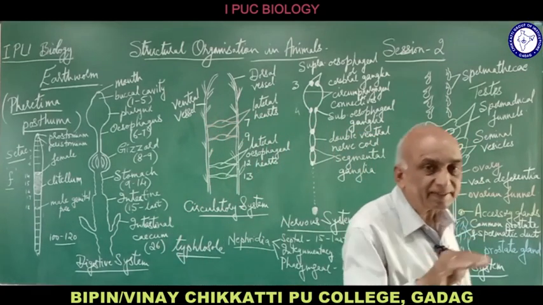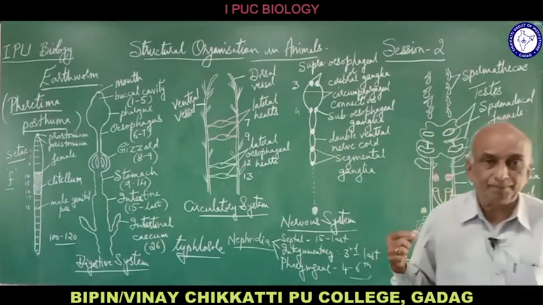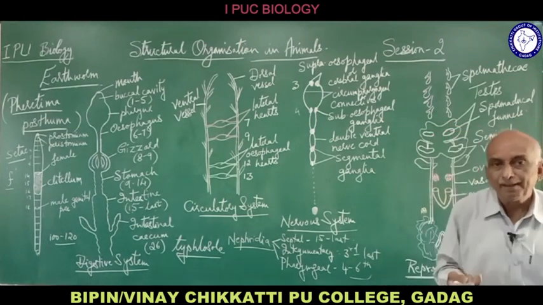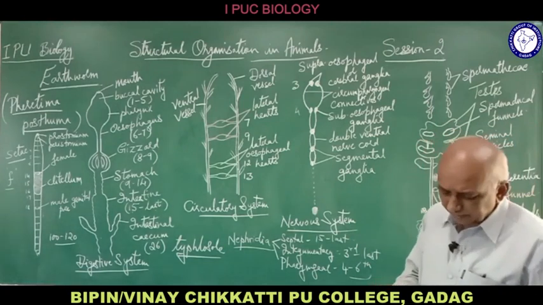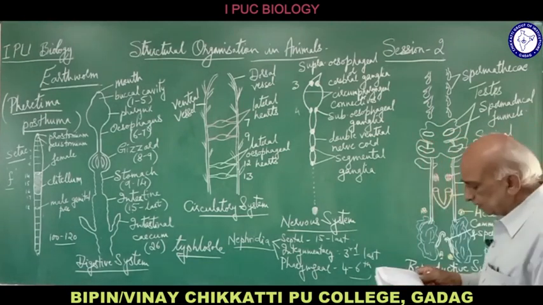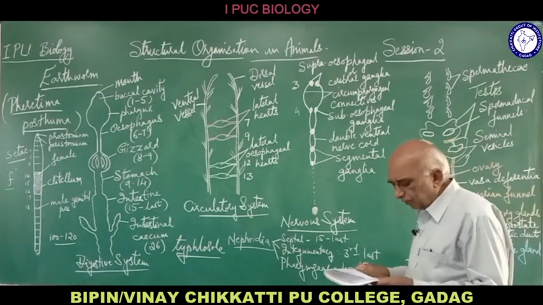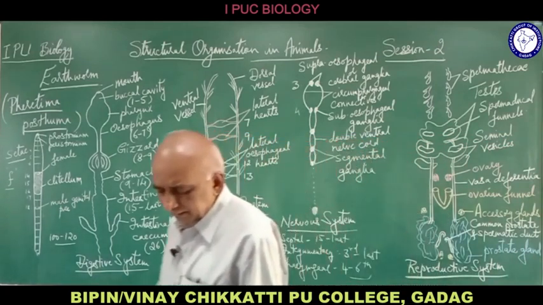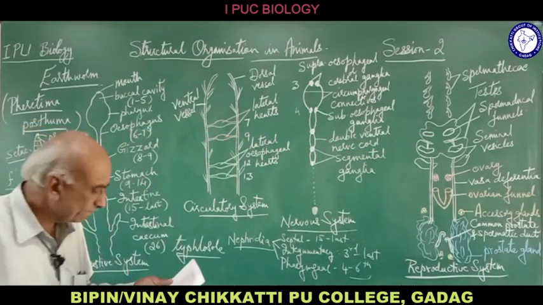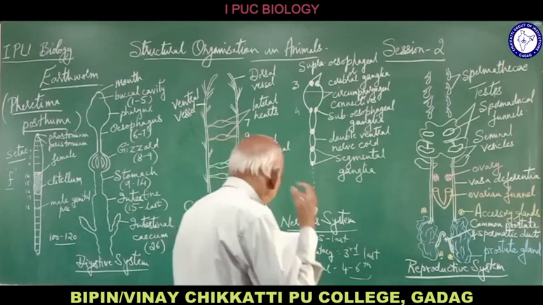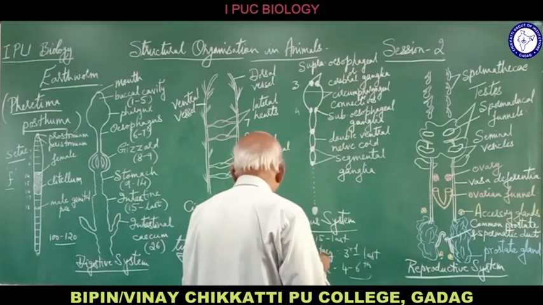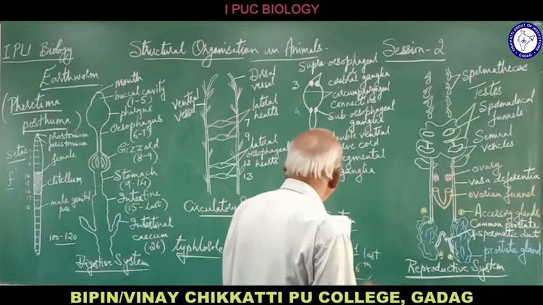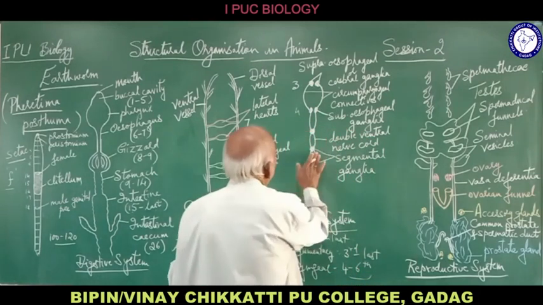So on the ventral side there is a nerve cord which is double. So the double ventral nerve cord is present in this region. So the ventral nerve cord is a single nerve cord actually.